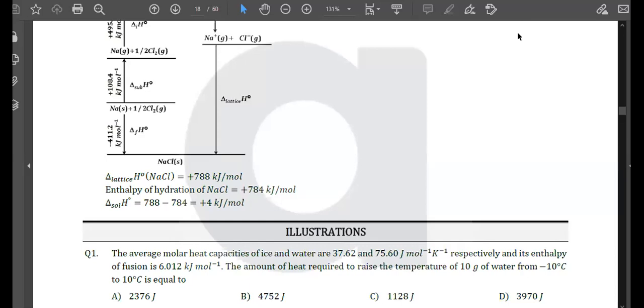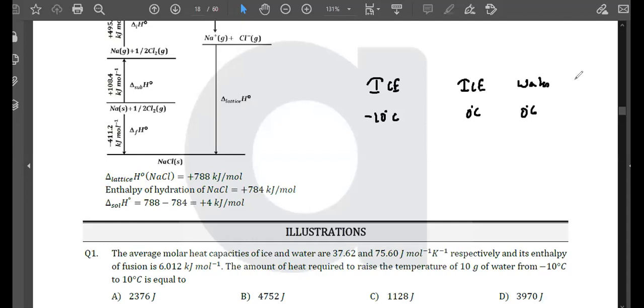Yes, there will be 3 steps. So first we have ice at minus 10 degrees centigrade. Then this ice will reach ice at 0 degree centigrade. Then this ice will convert into water at 0 degree centigrade.